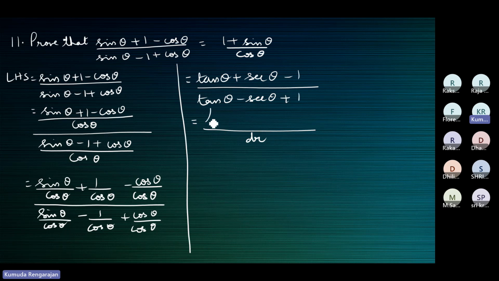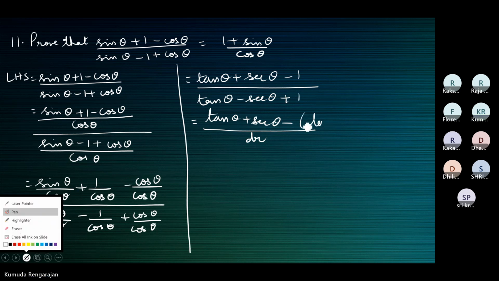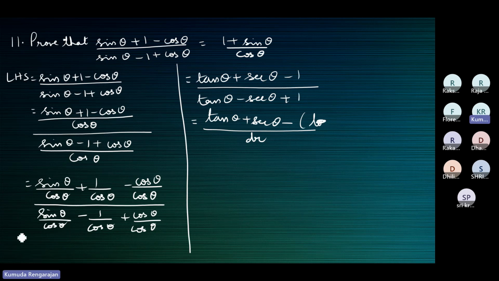In the numerator, in place of 1, write secant square theta minus tan square theta, because secant square theta minus tan square theta is 1. The denominator is undisturbed.